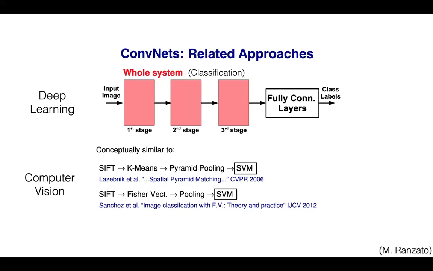This structure for deep learning that combines these convolutional layers with analysis layers is conceptually similar to traditional structures in computer vision, where we had features that were analyzed, for instance, with SIFT, the scale-invariant feature transform, and some other means to get photometric invariance, and other things like k-means and Fisher vectors, and then creating a multi-resolution structure like pyramid pooling.